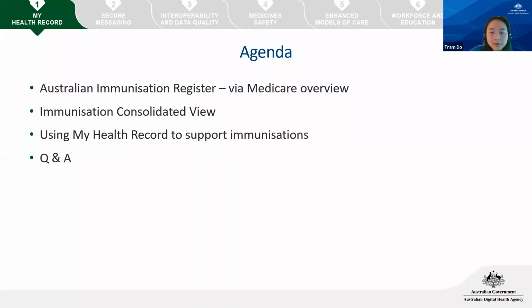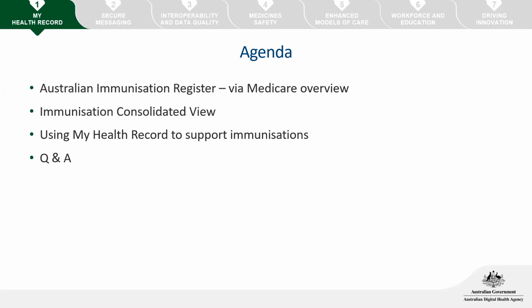So in terms of the agenda for today, I will demonstrate the different ways in which you can access immunisation information within My Health Record. So firstly, via the Medicare Overview, which most of you would probably already be familiar with. And then I'll show you the new immunisation consolidated view as well.